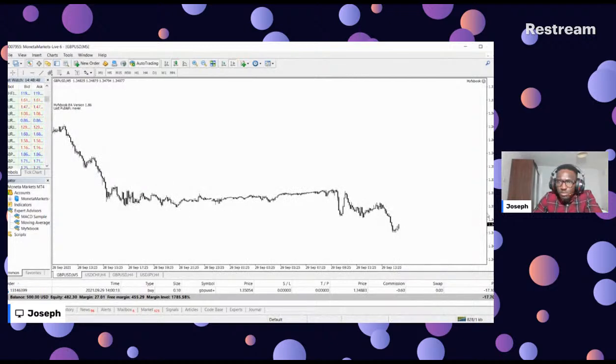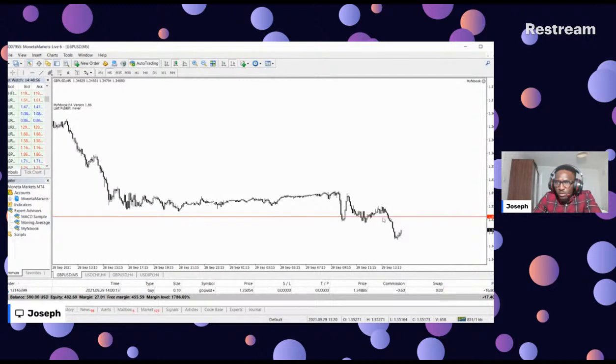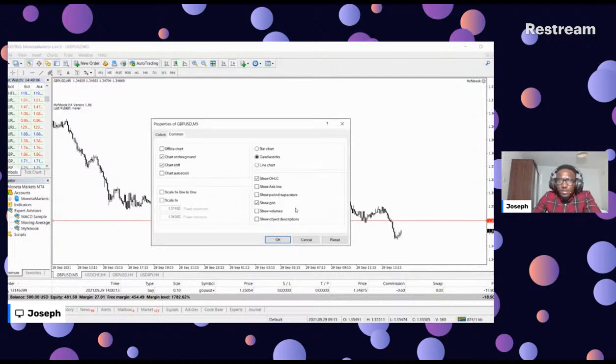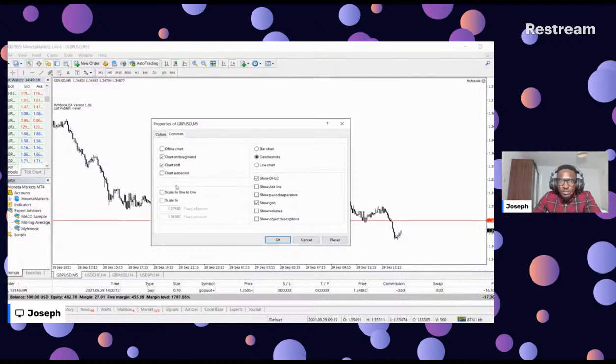Okay, so I can actually move this up. Interesting. Let's see if I can put down some drawing. Where did we go long? Why doesn't it even show on the platform where you actually went long? Is there some kind of setting? Maybe I'll look into this at a later time. Bar chart.